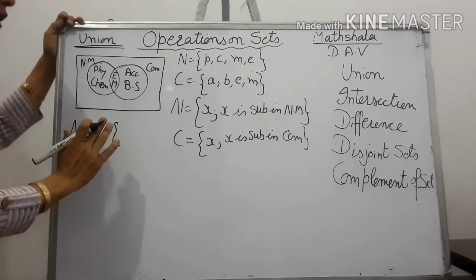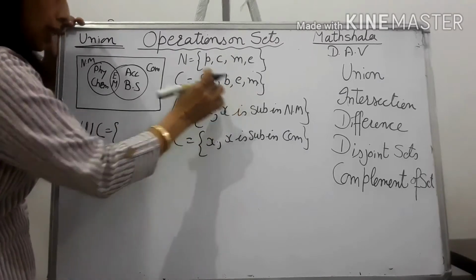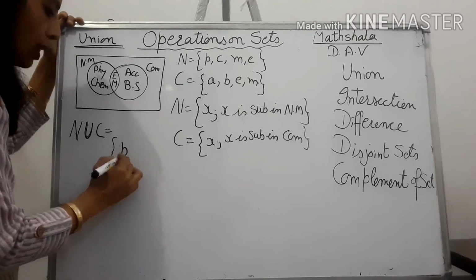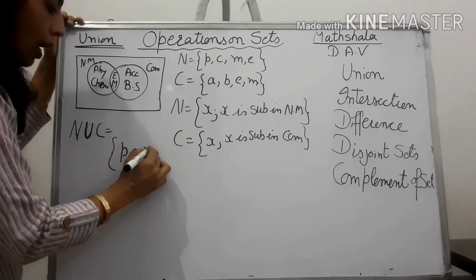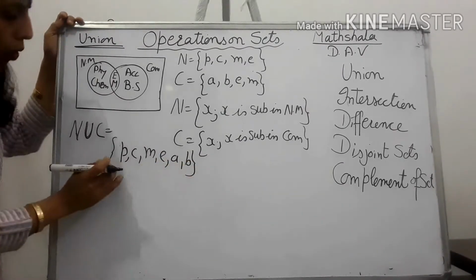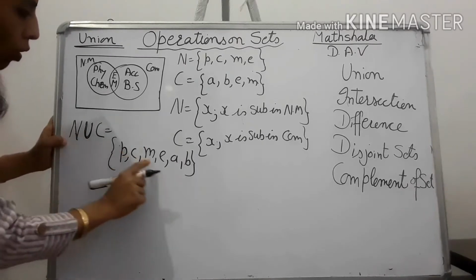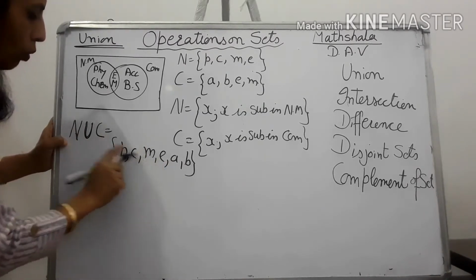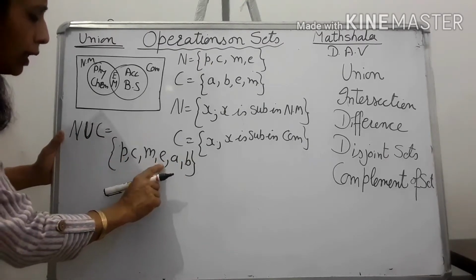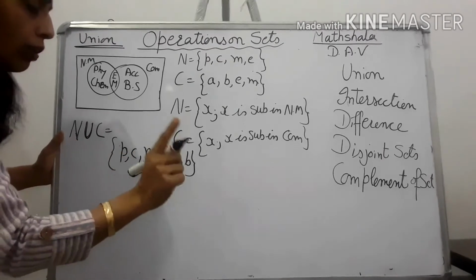All those elements which are either in set N or in set C. Either in set N or in set C means we can take elements C, P, M, E, A, B. All the elements of this set either belong to set N or belong to set C or belong to both. But we will not repeat them. M and E are in both the sets N and C, but we will write them only one time.